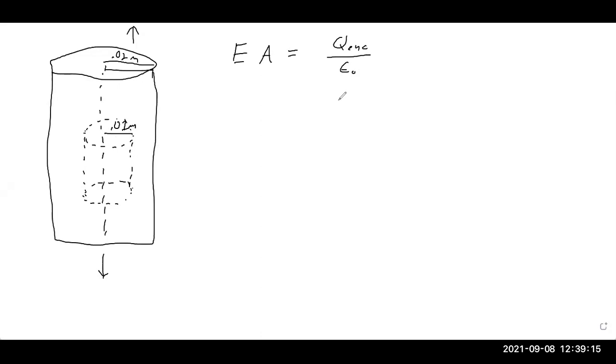So this is going to turn into pi r squared h for the volume of a cylinder, and multiply that by our charge density. And the area is 2 pi r h.